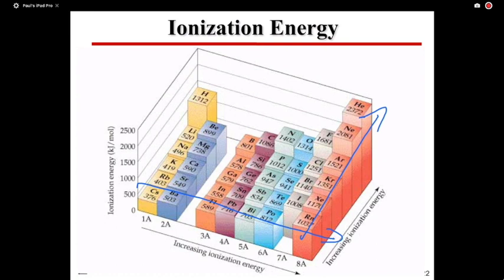All right? Why is it, as I go across from left to right, that it costs more? Okay, remember the size. Remember, potassium was much larger than krypton, even though potassium only had 19 electrons and krypton had 36.